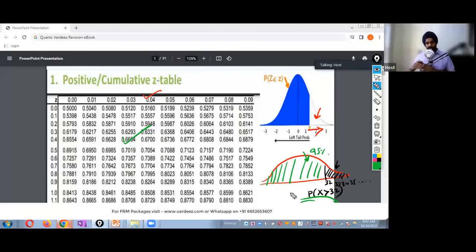But I wanted the greater, so of course it has to be 5%, right? This entire distribution is 100%. If this region is 95%, the other has to be 5%. That's the reason why we take 1 minus 0.95.